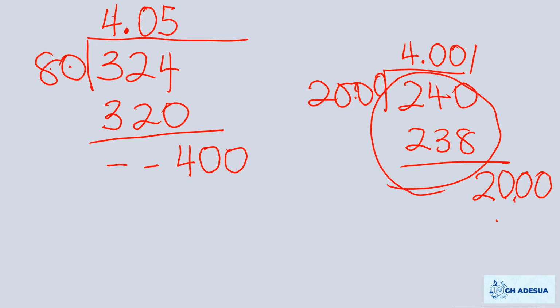What is here doesn't make sense. I just put something down there so that we can solve. Okay, great. So let's be back to our question. 80 goes into 400 is 5 times, and then yes. So 80 times 5 is 400.